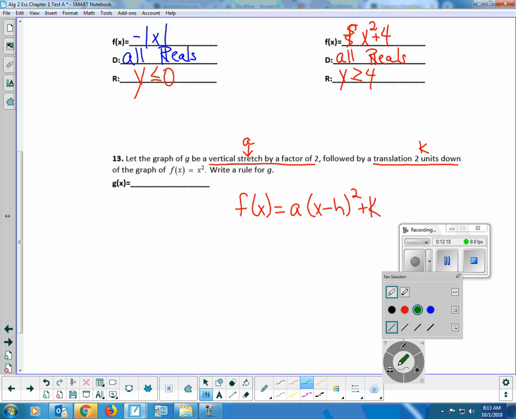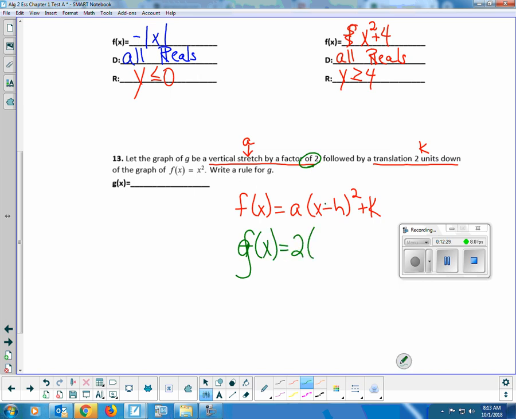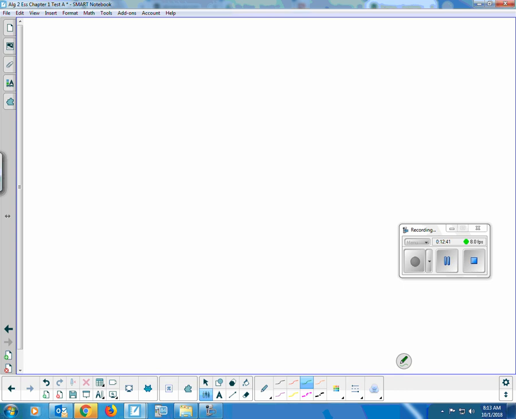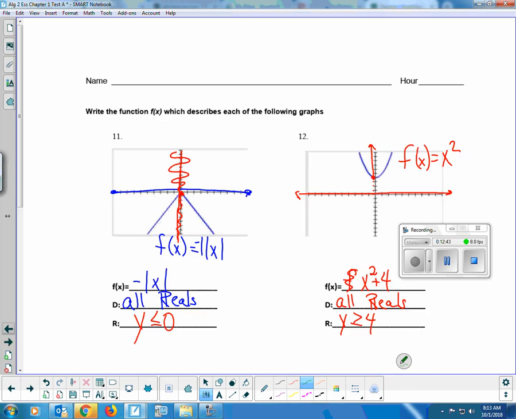However, the a is a vertical stretch by 2. So my new g of x is going to be 2 times x squared. There's no h, it's not moving left or right, so I'm just going to keep it x squared. And it's moving 2 units down on the outside, so that would be minus 2. And that's all we got.